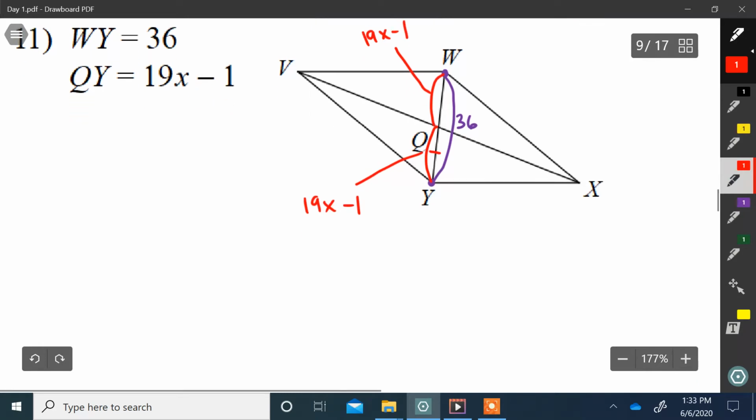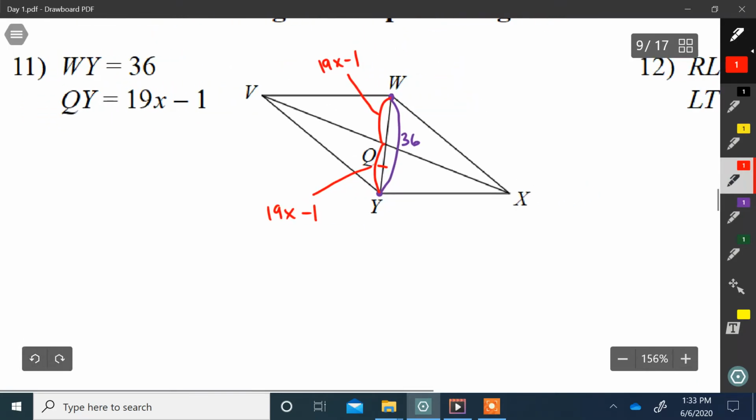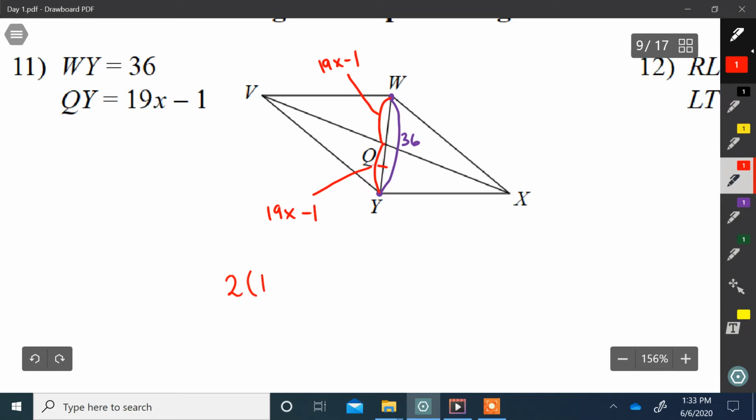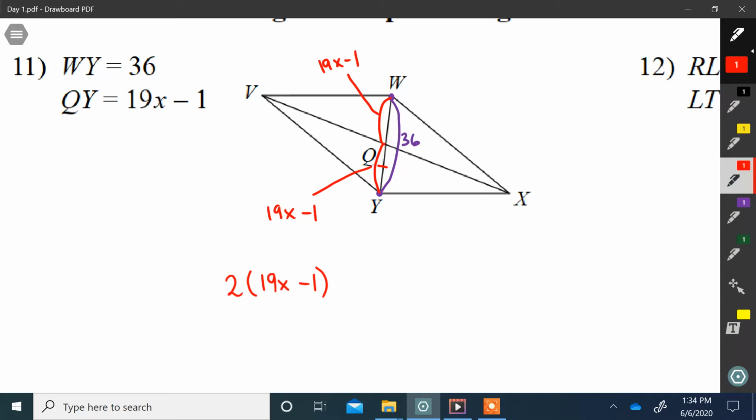So here's what I'm going to do. Instead of saying 19x minus 1 plus 19x minus 1, what you could do is multiply that by 2, because you have 2 of those. So 19x minus 1 times 2, because you have 2 of them, is going to equal the whole thing, which is 36.